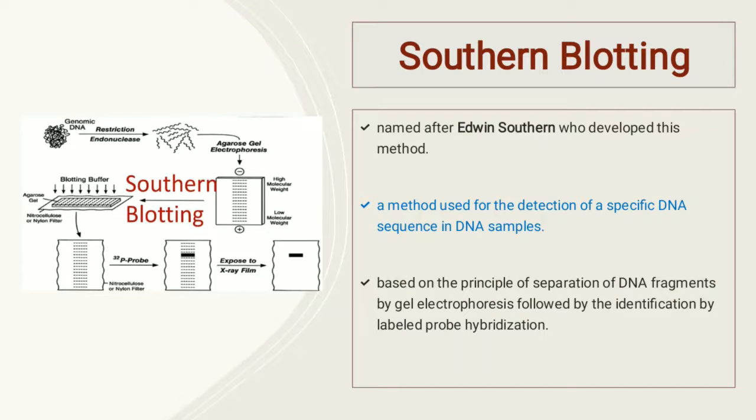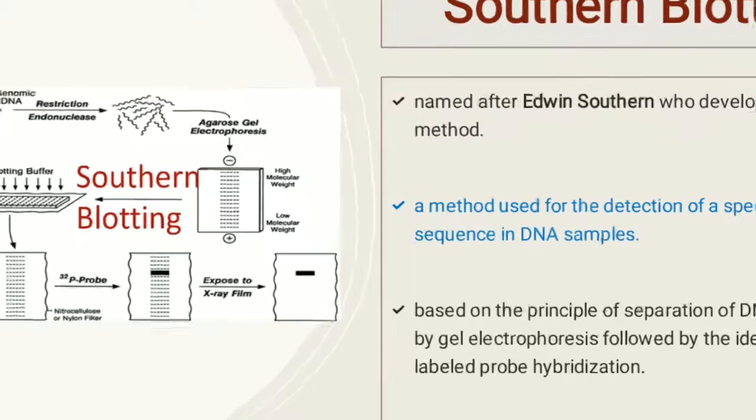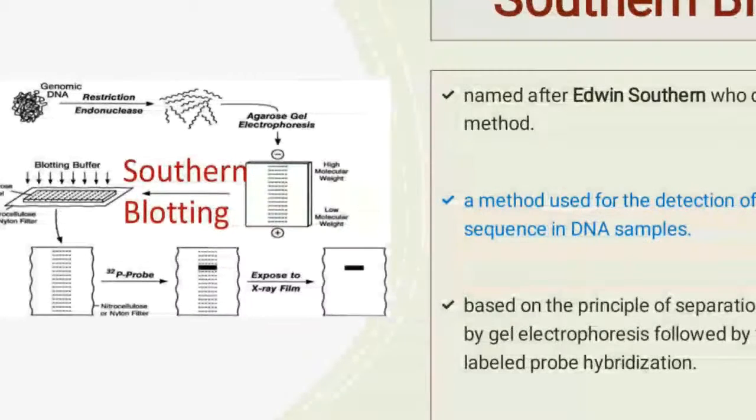The DNA fragments that have a low molecular weight will move farther in the gel, whereas the DNA fragments that have a high molecular weight will not move as far. They will get stuck in the gel somewhere closer to the negative electrode. So the DNA fragments having low molecular weight will move farther in the gel.